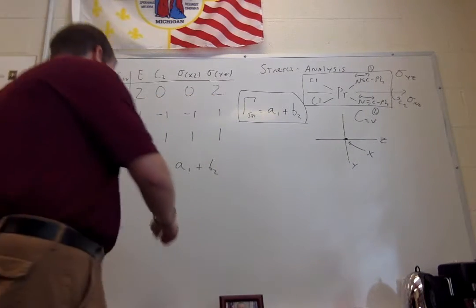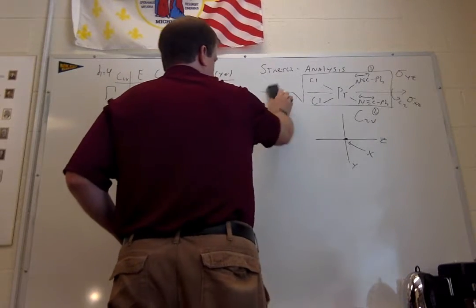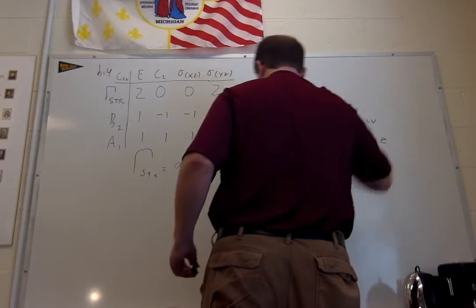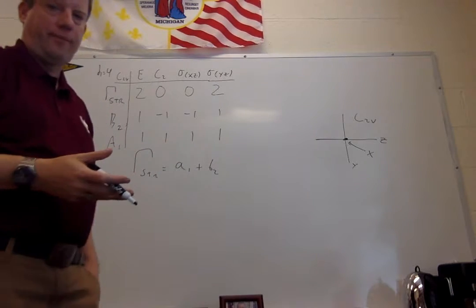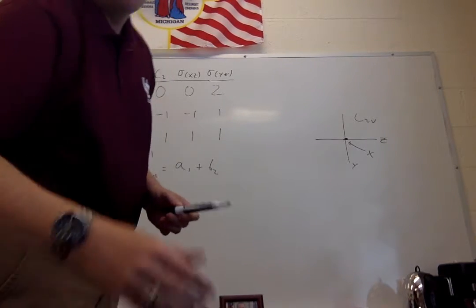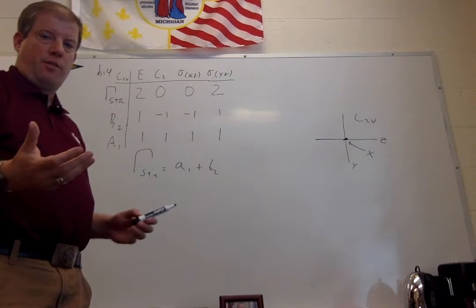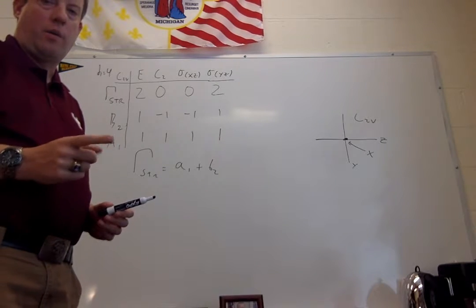All right, so once we have that done, how do we determine the activity of these? Are these stretches, which have these symmetries, active in the IR or the Raman?